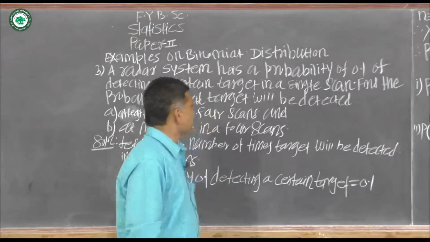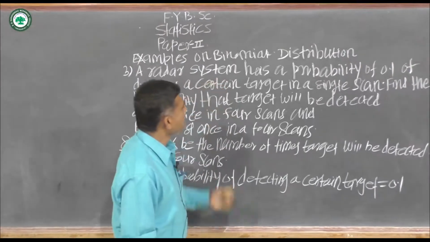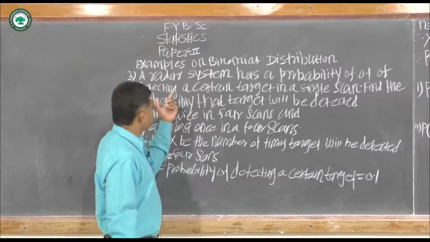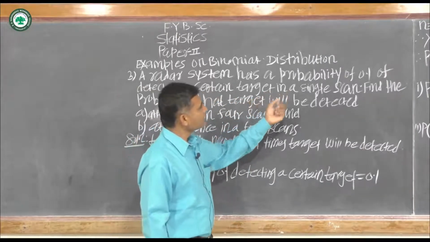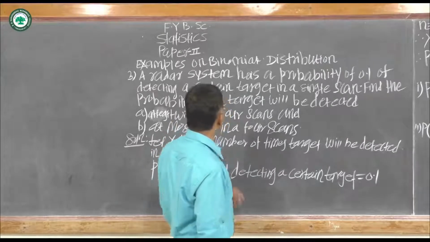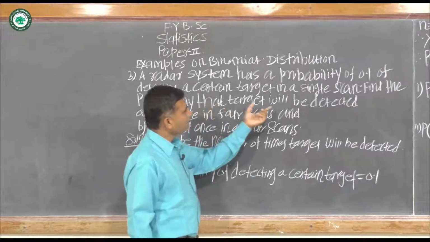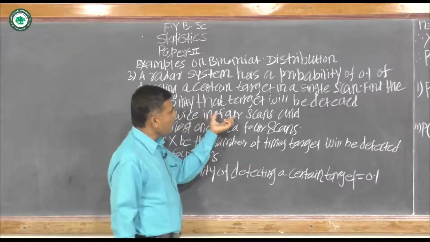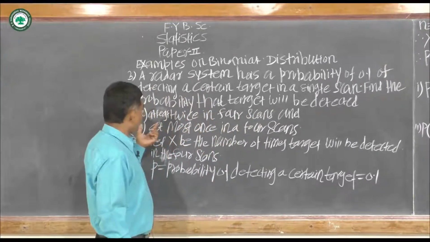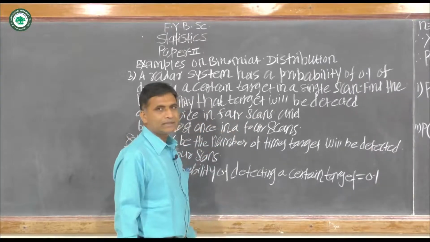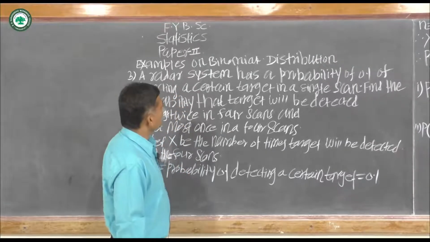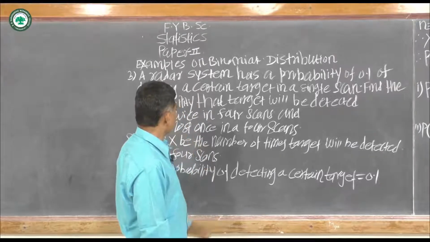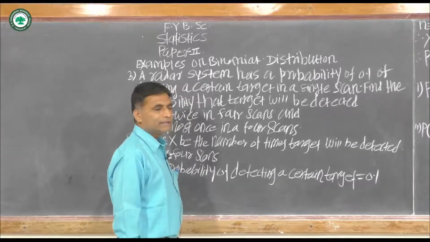The third example is a radar system has a probability of 0.1 of detecting a certain target in a single scan. Find the probability that target will be detected at least twice in 4 scans and at most once in 4 scans. Then in the given problem we have to calculate the probability of detecting a certain target.